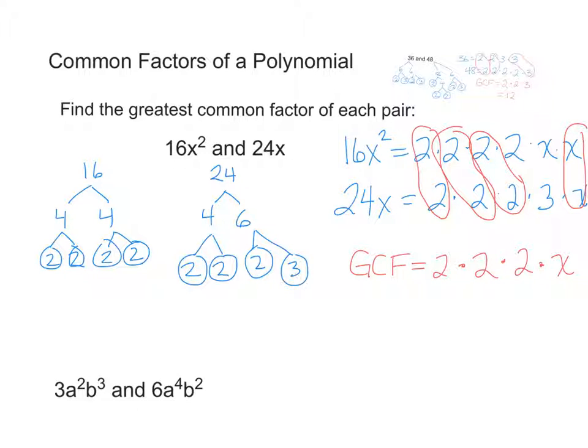But that's it, right? Because there's still a 2 and an x that we didn't use from the 16x squared. And there's a 3 that we didn't use from the 24. But they're not common, so we can't use them. The greatest common factor is 2 times 2 times 2, which is 8, and then x.